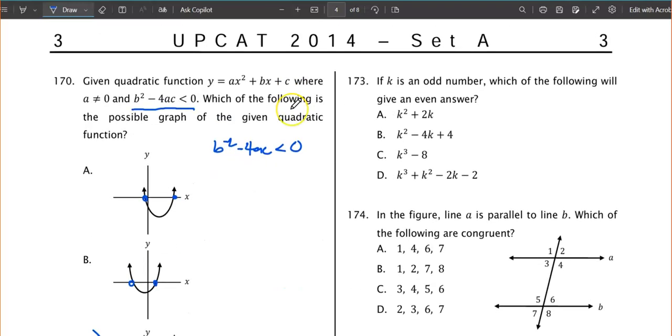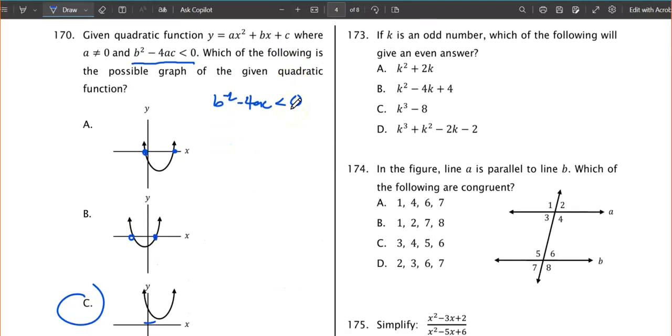Let's do 173. If k is an odd number, which of the following will give you an even answer? So again, remember, when you square an odd number, it will give you an odd number still. And when you multiply an odd number by 2, it will give you an even number. But you know that odd number plus even number is odd. So this is not possible, that will give you an odd number.